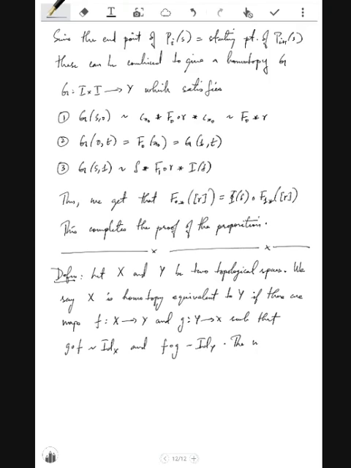So the maps f and g are called homotopy equivalences.